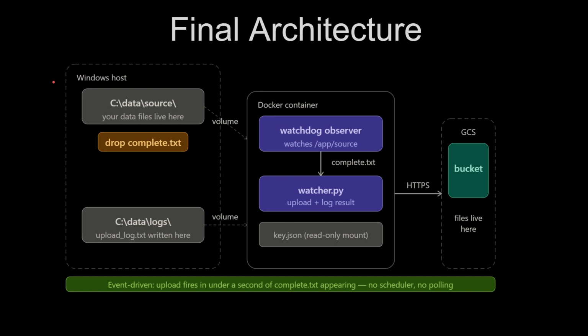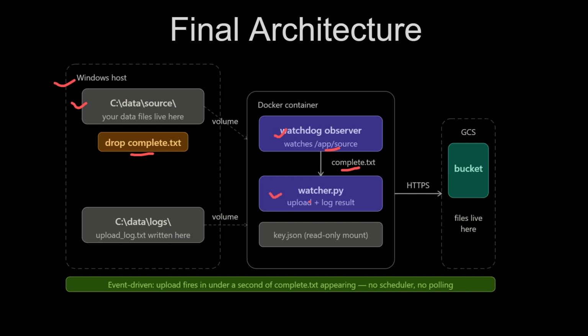Here is what we are building. On the left side is our Windows machine. We drop files into the source folder, and that is mounted inside the Docker container at app source. So no copying, no syncing, it is the same folder on both sides. Inside the container, Watchdog is watching. The moment the complete.txt file arrives in the source folder, it fires.